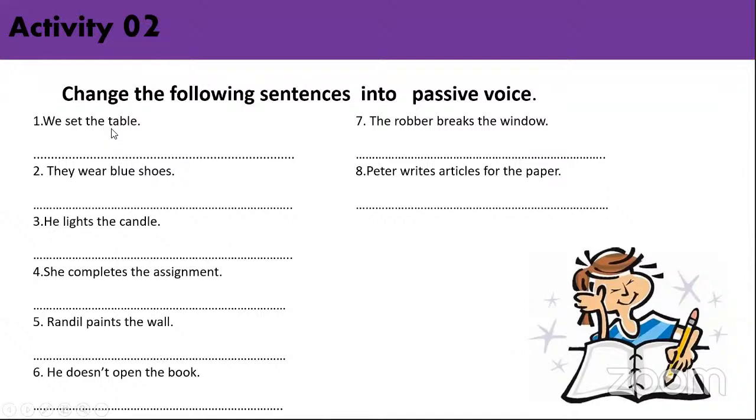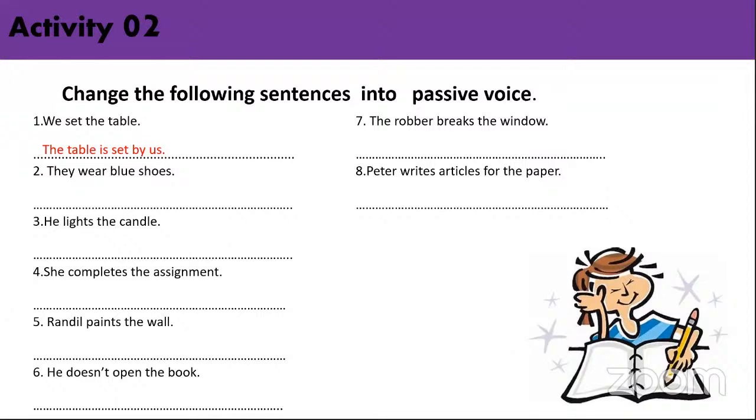There you have to use then is. What is the past participle of set? The same word, set. Then you add your by phrase. The table is set by us. Then you just notice we, the subject pronoun, becomes the object pronoun us.